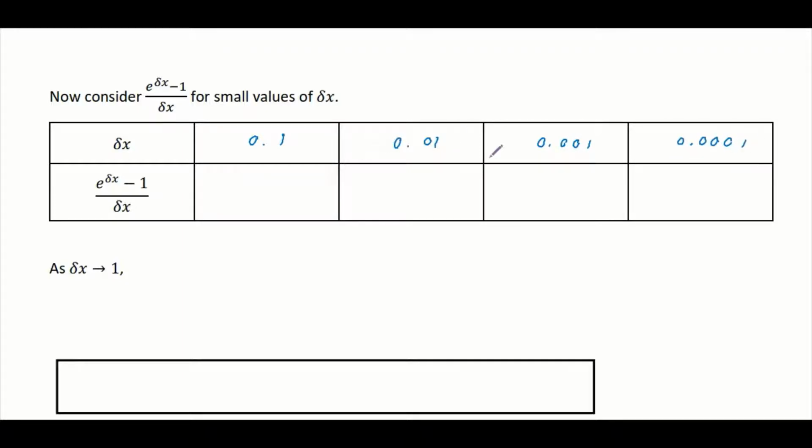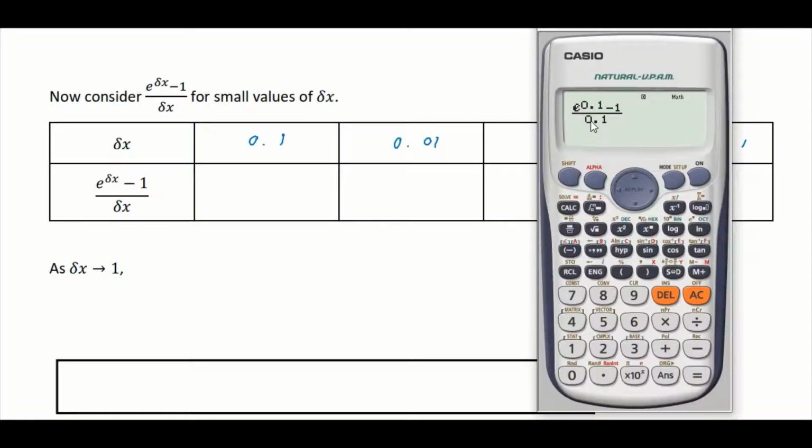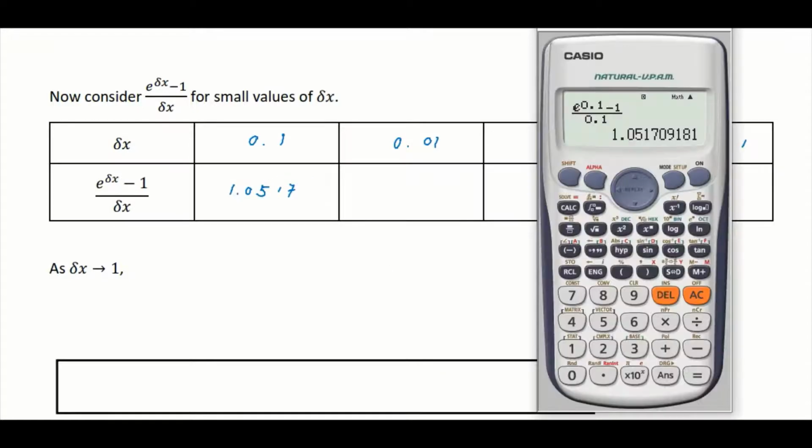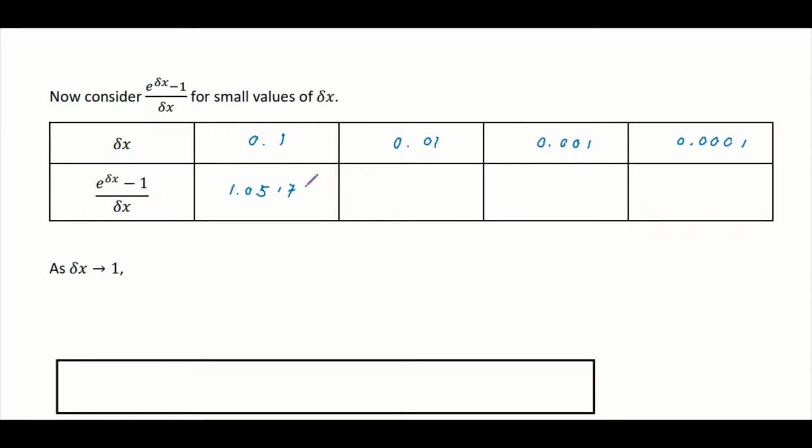You can see all these values are approaching 0, right? Let us just use our calculator to put in the numbers. The first one, I have e to the power of 0.1 minus 1 and then over 0.1. So I get 1.0517. Maybe write more decimal places because you want to do comparison.